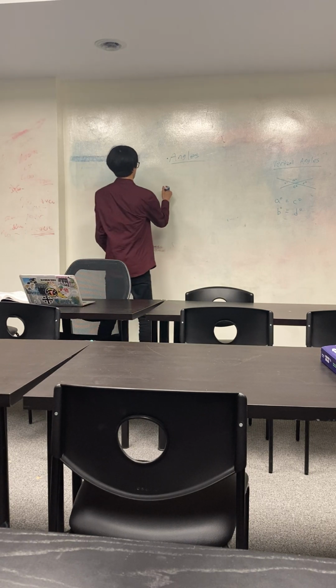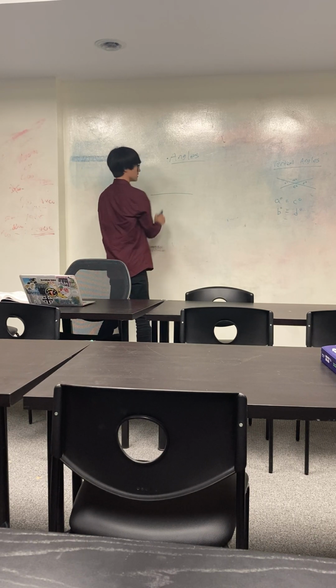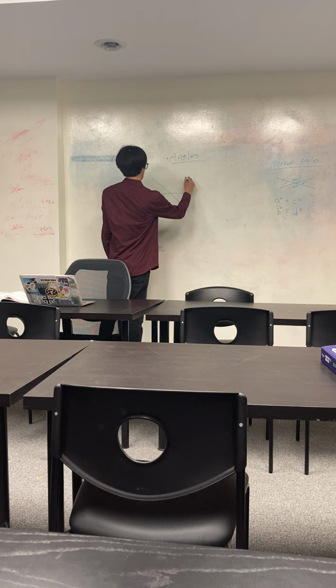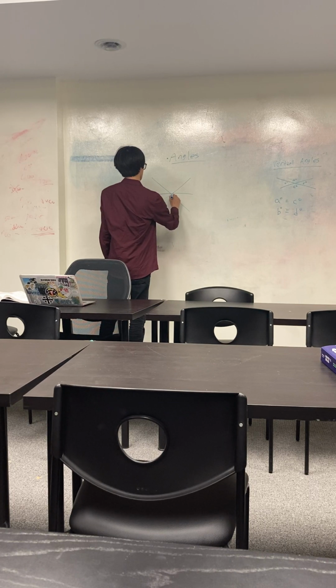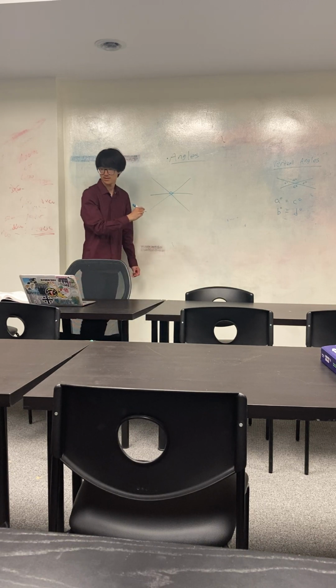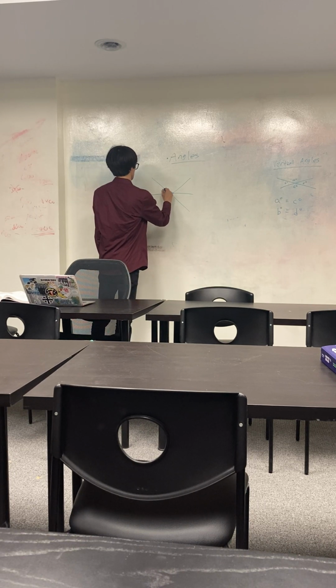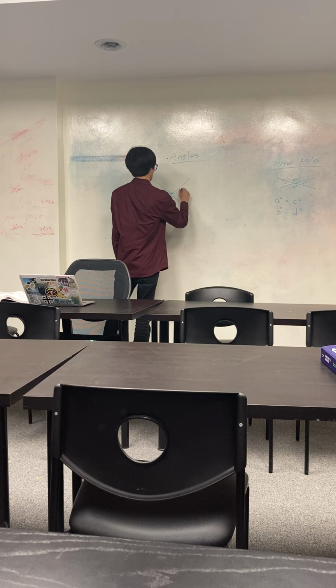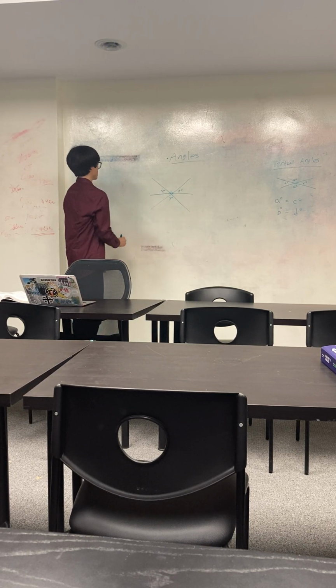Let's say we have. Make sure I'm trying this right. Okay. It's not perfect. This is a right angle. And now we're going to label it X, Y, Z. Okay.